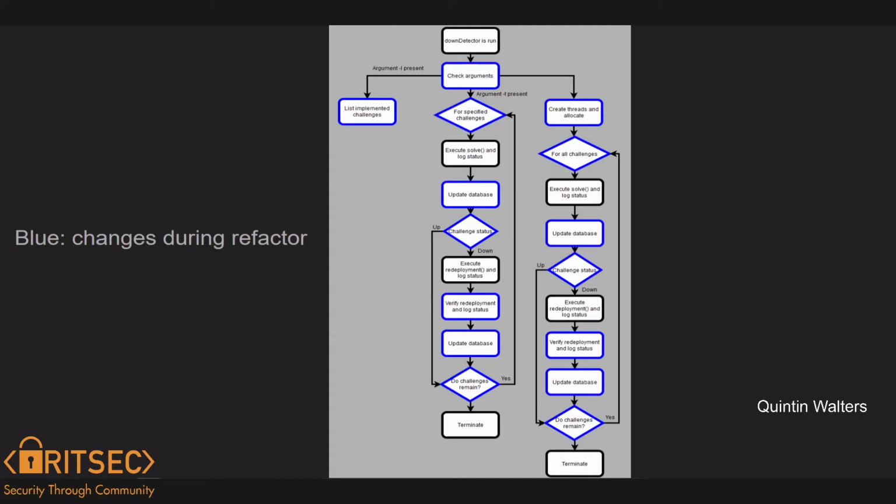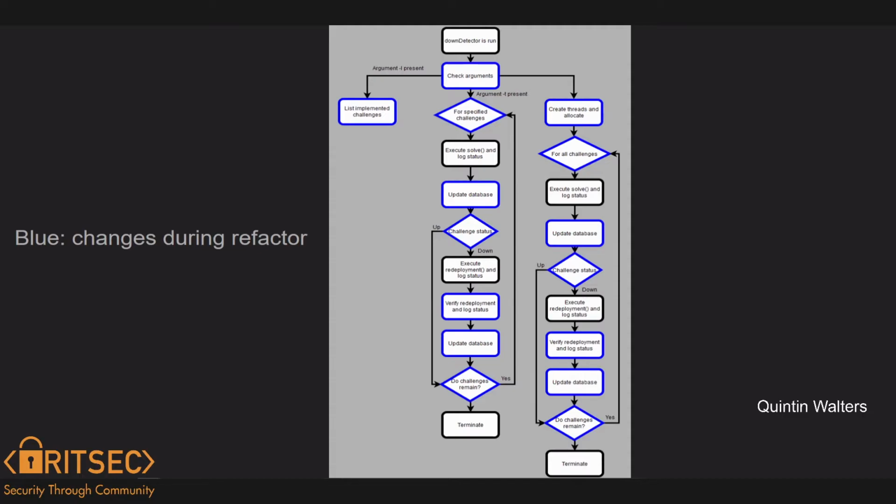If there was no -t flag or -l flag present, it will then create threads and allocate them out, and then loop through the challenges, assigning them to the threads. During this loop, it'll perform in a very similar manner to the -t flag.